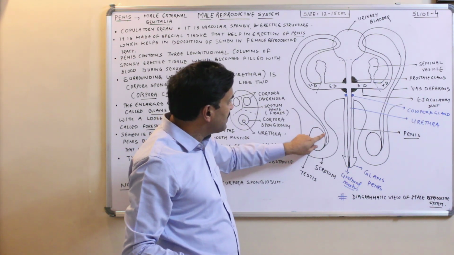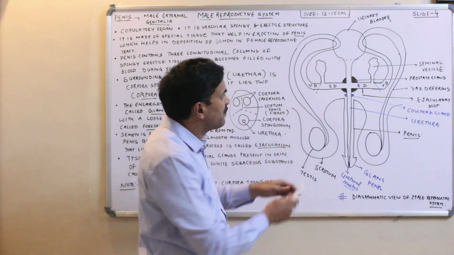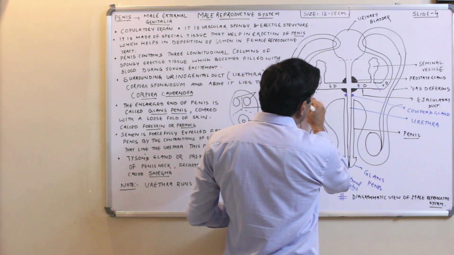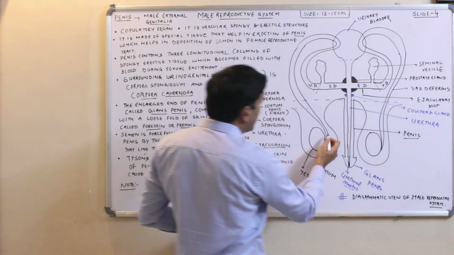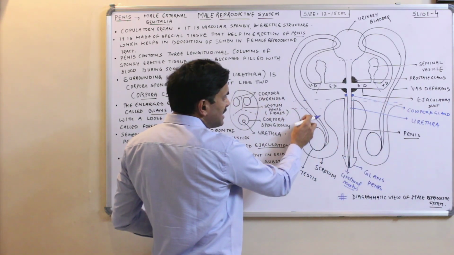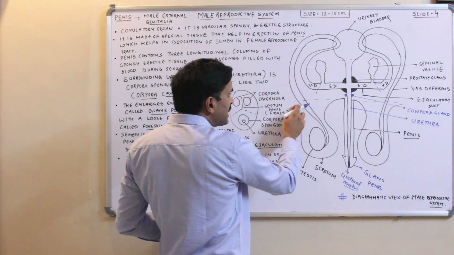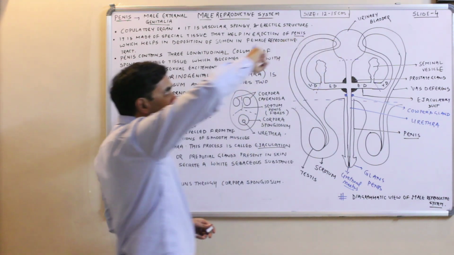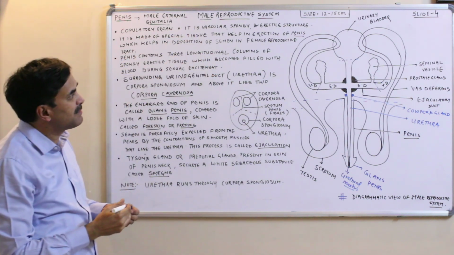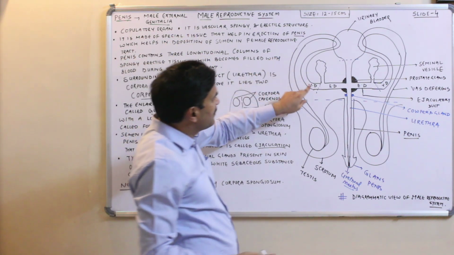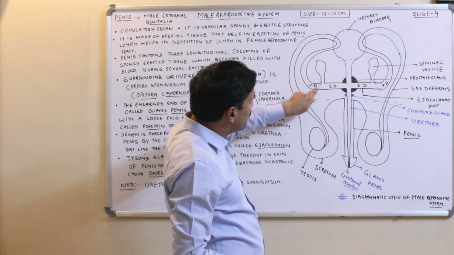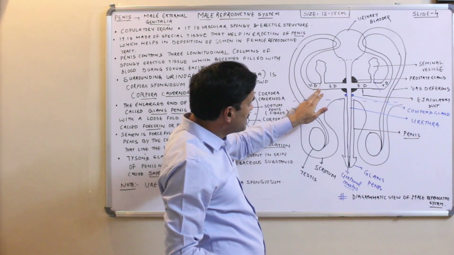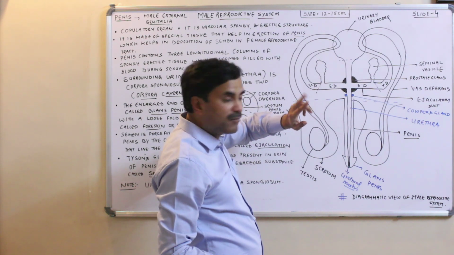Then this vas deferens enters the abdomen through the inguinal canal. This is the inguinal canal. Then it makes a turn or a loop over the urinary bladder. Up to this level it is the vas deferens; beyond this level we will not use the term vas deferens.